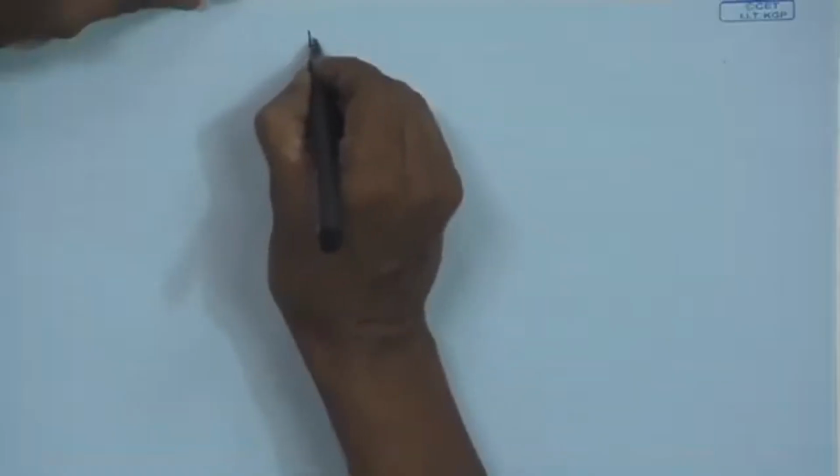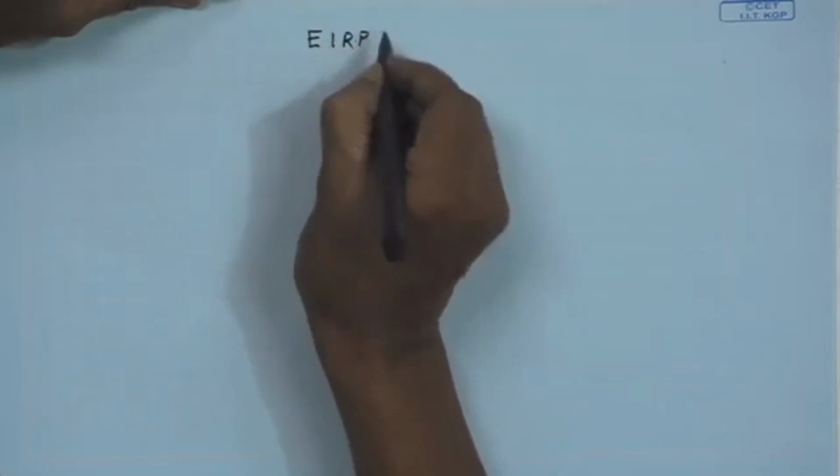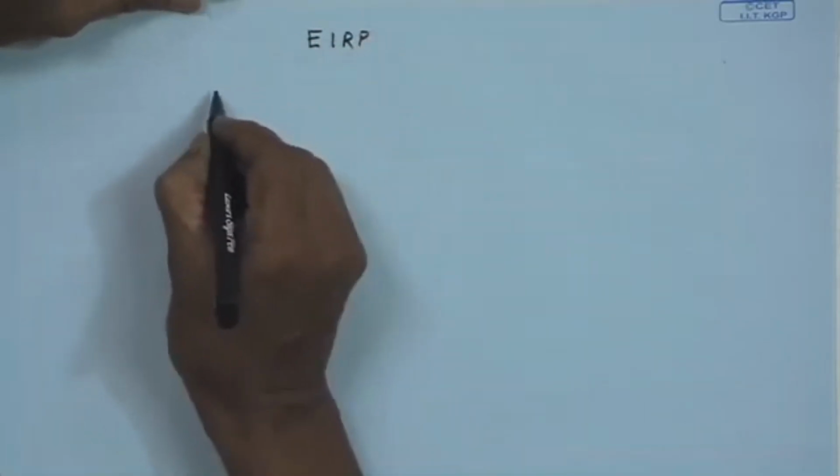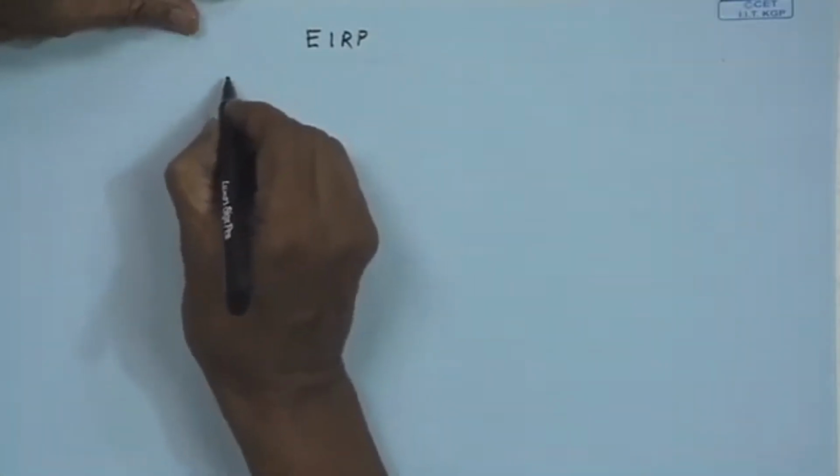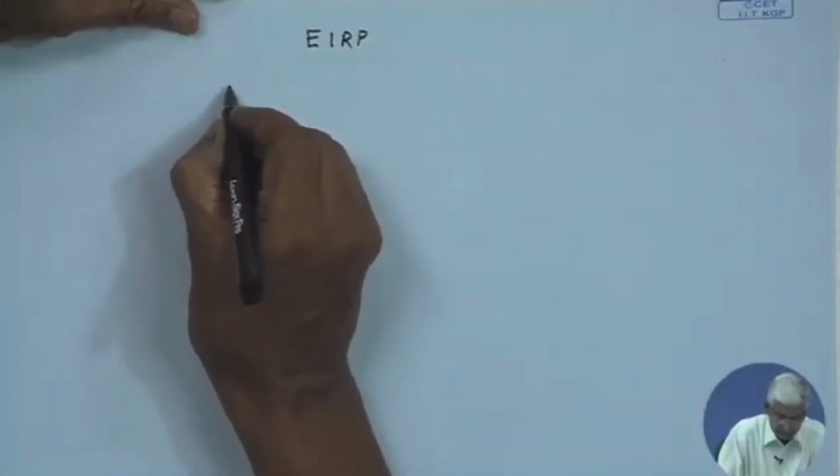Now, for G by T, we have talked about many methods: direct method and indirect methods, two of them from the satellite and using some power meter measurement, and also the comparison method. The other important parameter is EIRP. In this case, we have to have certain separate measurements.